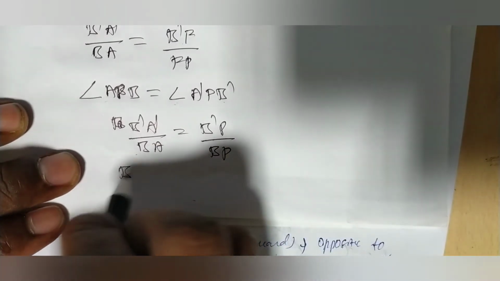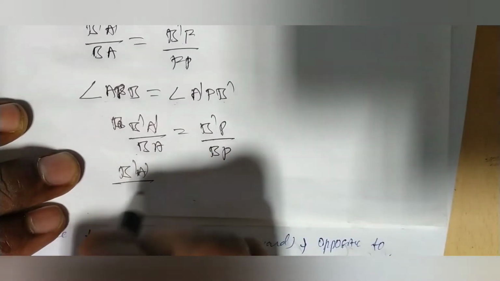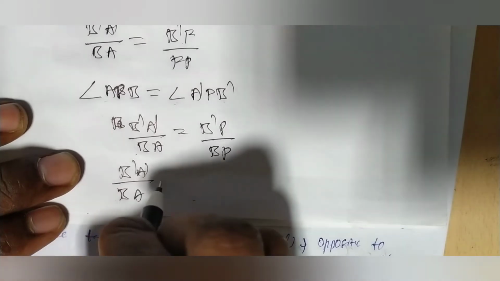This can be written as this equation, that is B dash A dash by BA is equal to B dash P. Here P is there, F is there, B is there, it is A dash B dash.